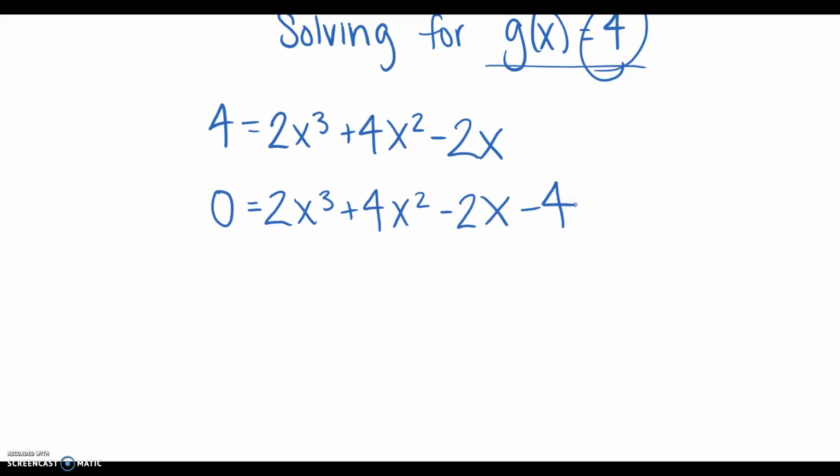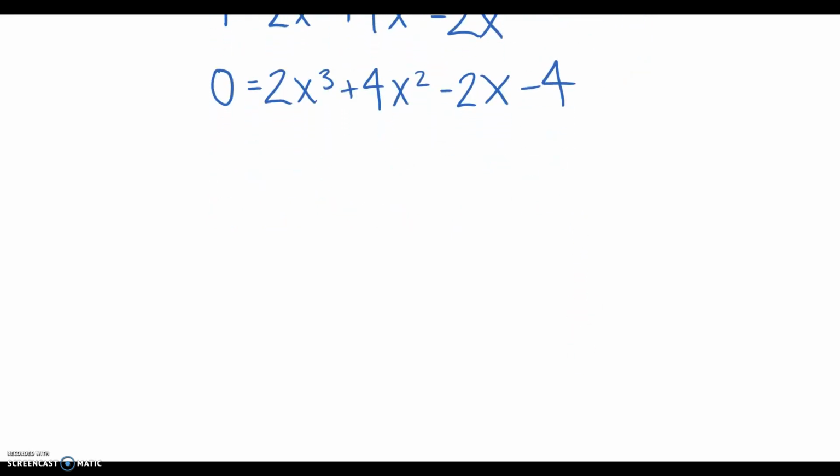And now we can apply the rational zeros theorem to our new equation. So I need to take factors of negative 4 and divide it by factors of 2.